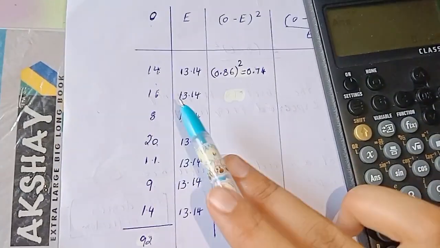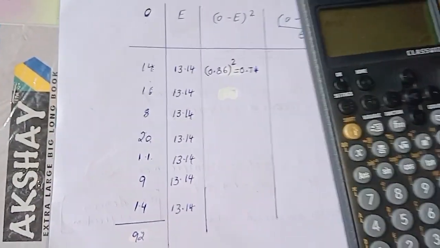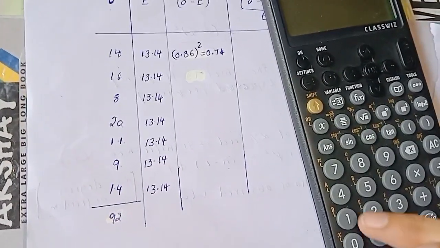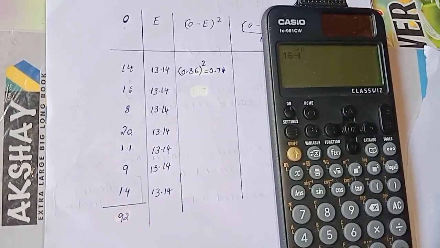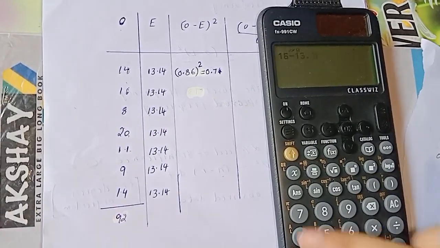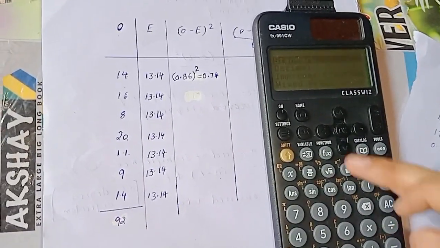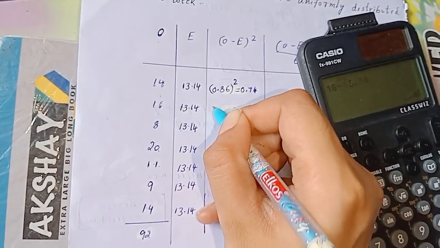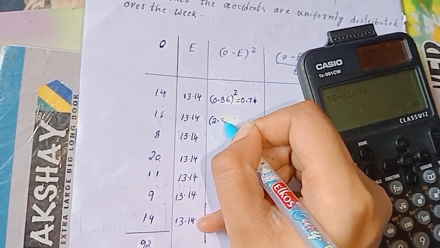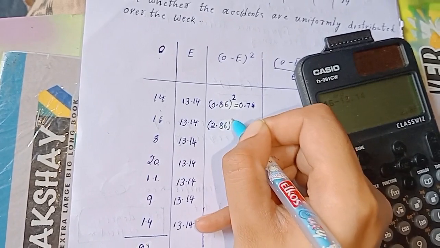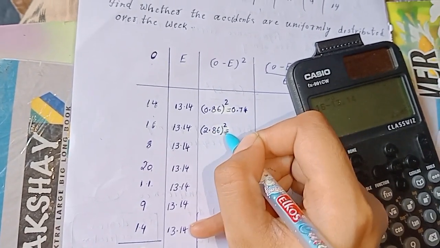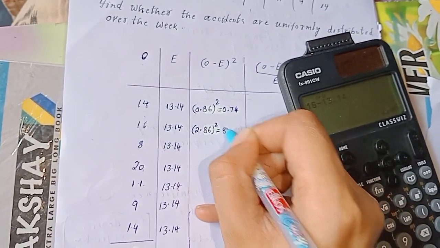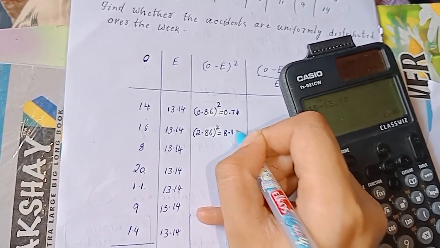Next, 16 minus 13.14. The value is 2.86, and we have to square it. The value is 8.18.